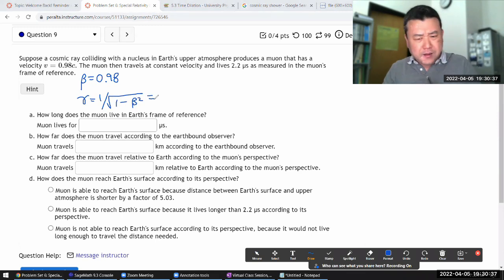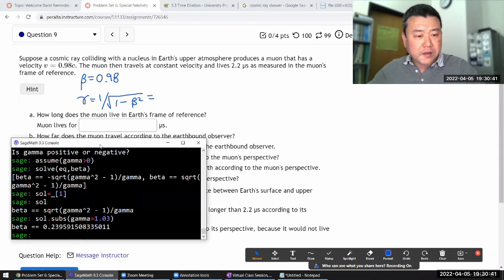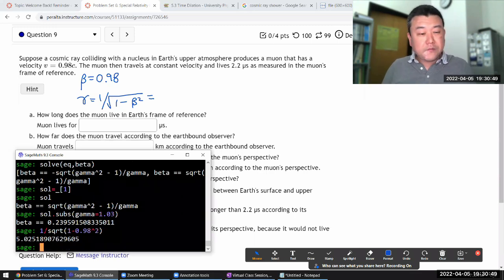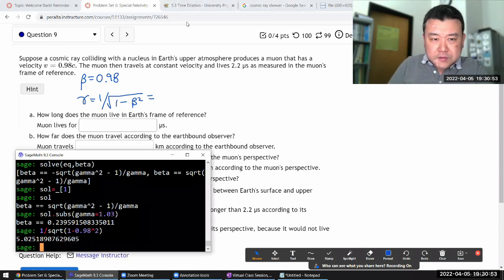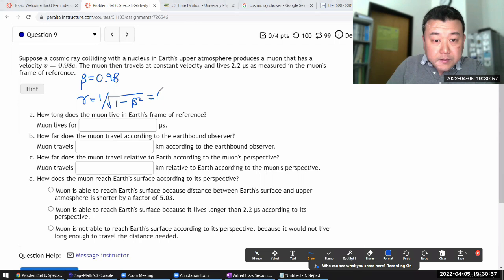I have a feeling I'll need this number a few times, so let me just work it out numerically and have it available. 1 over the square root of 1 minus 0.98 squared is 5.025. I'm just keeping one extra significant figure just in case. Okay, how long does the muon live in Earth's frame of reference?